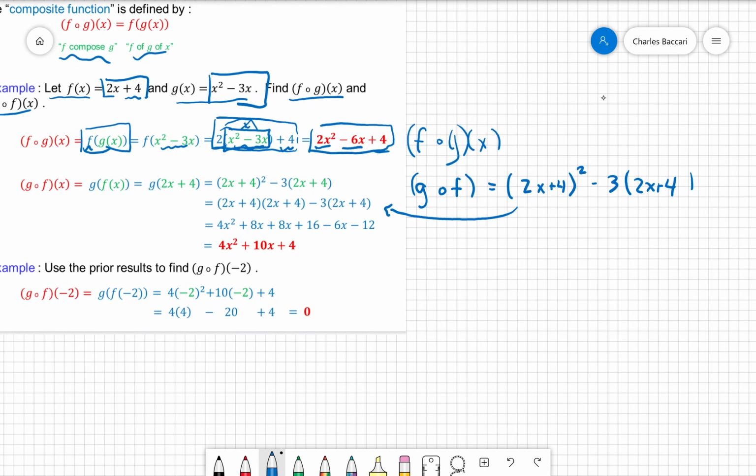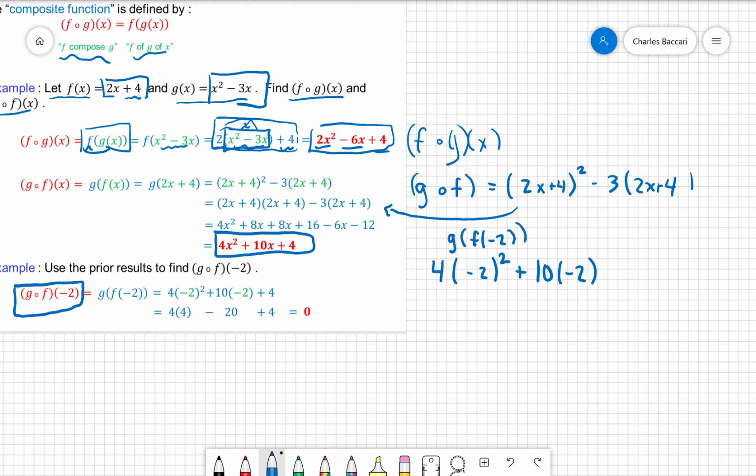Now, once you have g of f, we can use that to find other values. For instance, in this corner you can see that they've done g of f of negative 2. When you have g of f of negative 2, you're going to plug negative 2 into g of f of x, wherever there's an x. So they have simply taken the 4x squared, put negative 2, plus 10x, which is still negative 2 in this case, because this is g of f of negative 2, and then they have the plus 4.